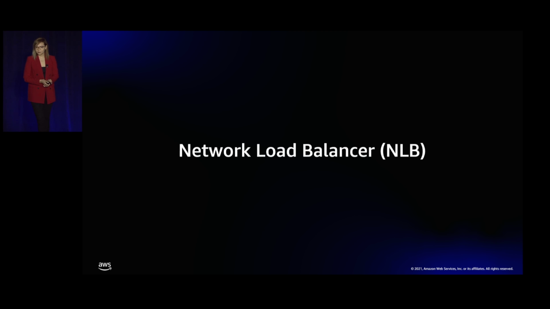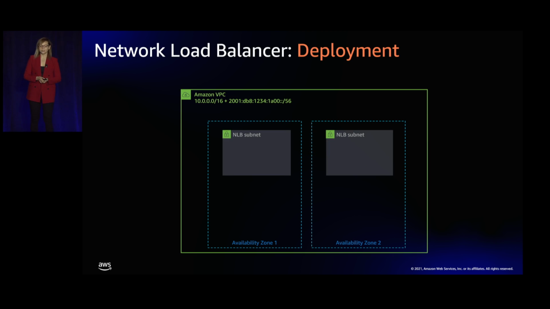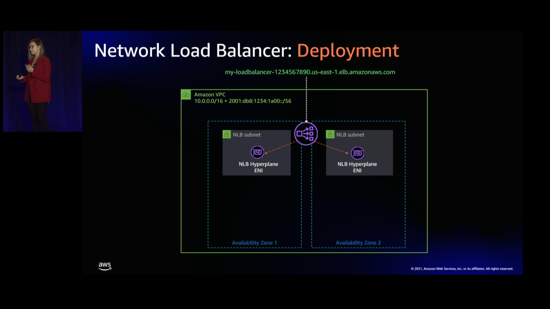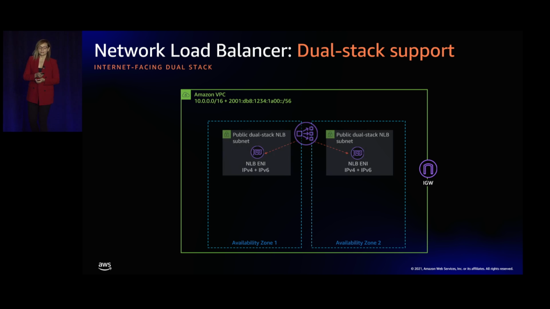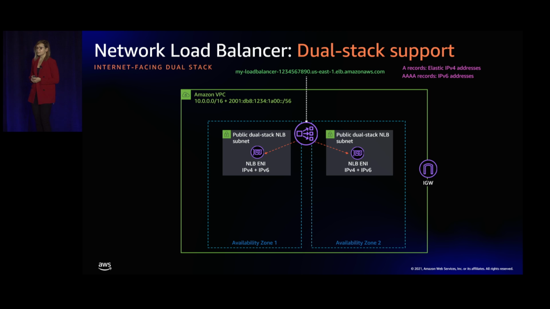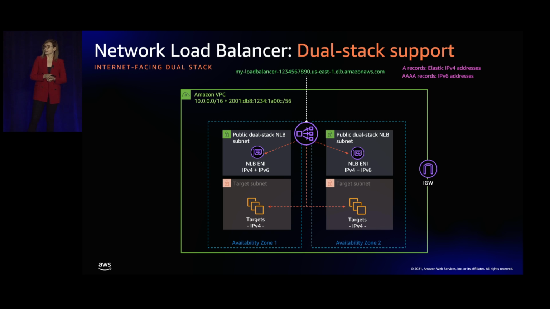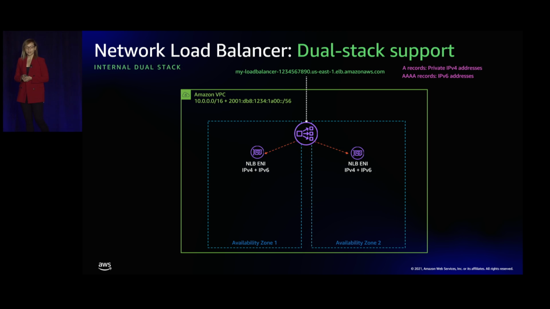Now, network load balancer has the same capabilities. When we deploy it, we have to specify the network load balancer subnet, the type of network load balancer, and the targets. We were supporting internet-facing dual-stack load balancers. That meant that they were deployed in public dual-stack subnets, and they were targeting IPv4 addresses.